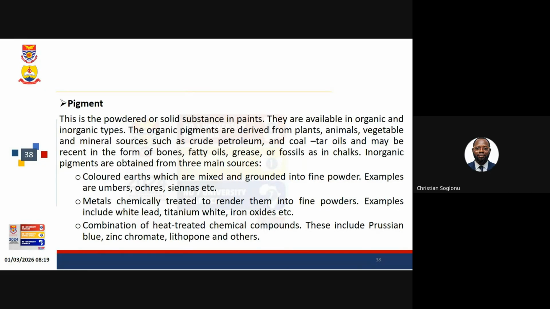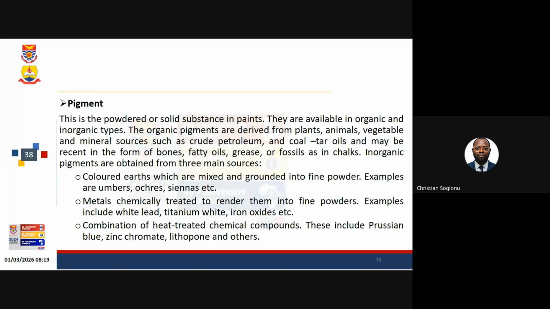And the yellow chalk is the pigment now. So let's imagine a paint. We now have our pigment that has been ground into a powdered form.